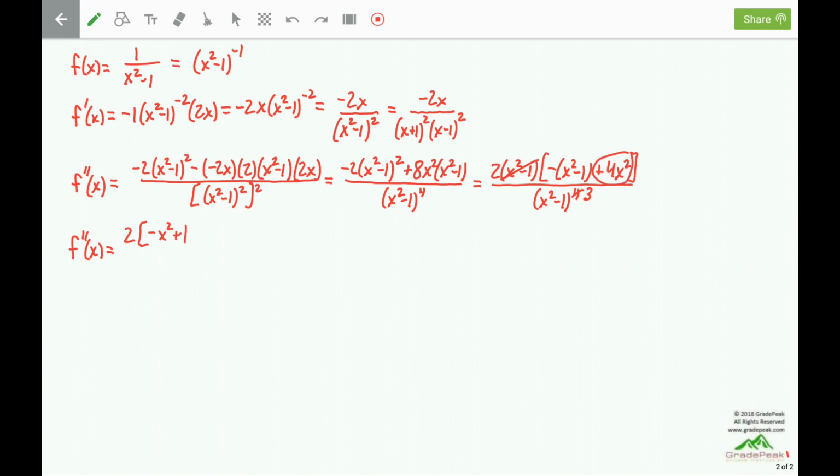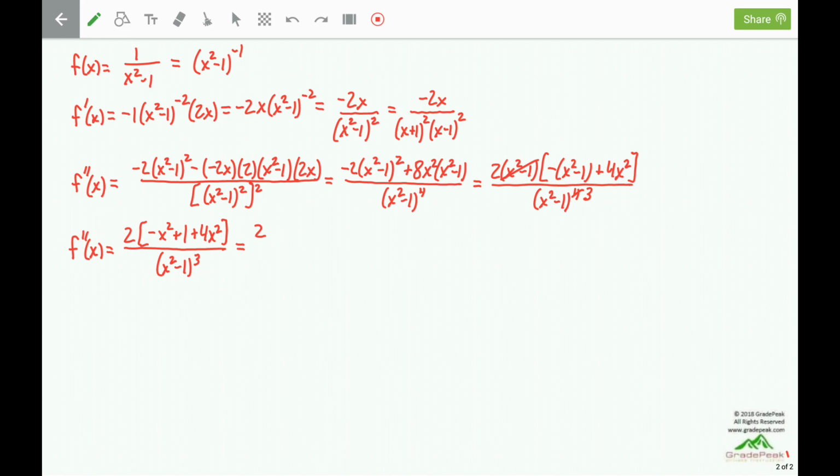And then we have the plus 4x squared. And all this will be over x squared minus 1 cubed.